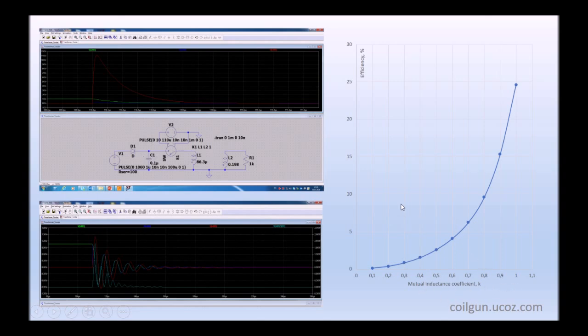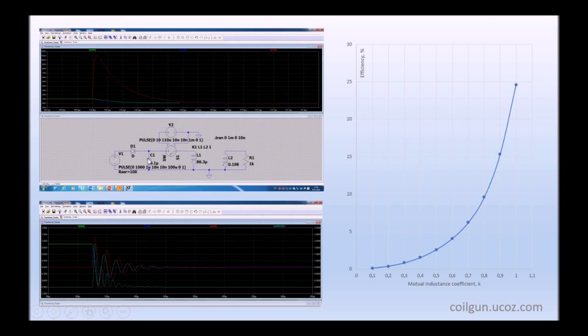You can see that when mutual inductance decreases, the efficiency also falls very rapidly. You can also see that even at mutual inductance equal to 1, the efficiency reaches only a quarter. It's because of parasitic elements in the first and second circuits that are unavoidable.